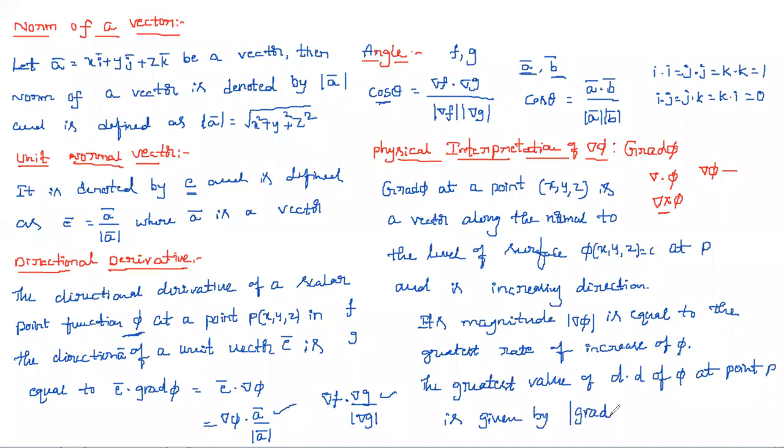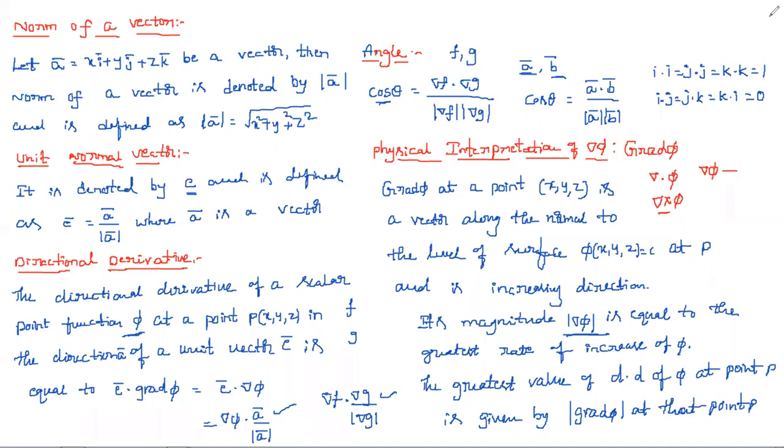What we said above is the same. This is grad phi in word notation, and in symbolic notation we write grad phi, or gradient of phi at the point P. So this is the theoretical part of the basic vector differentiation.